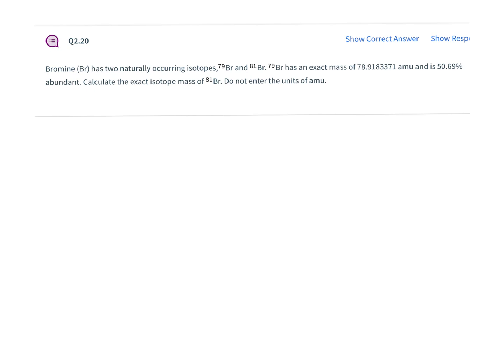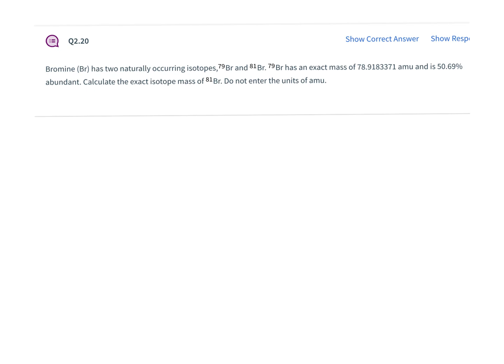Basically, they're telling you bromine has two naturally occurring isotopes, bromine 79 and bromine 81. They tell you that bromine 79 has an exact mass of 79.91 AMU and is approximately 50% of the abundance of all the bromine. And then it asks you to calculate the exact isotopic mass of bromine 81.